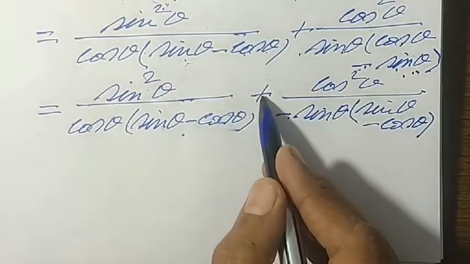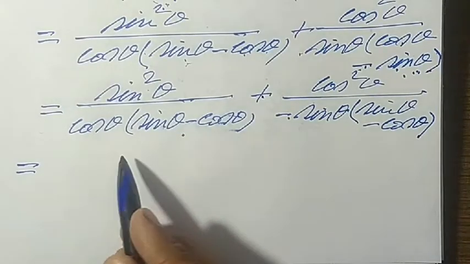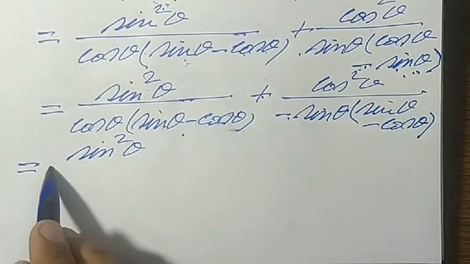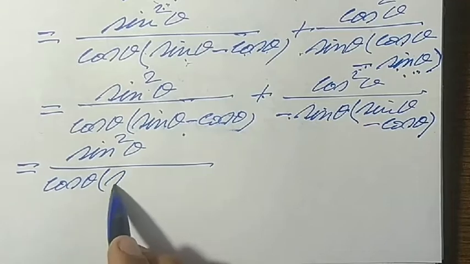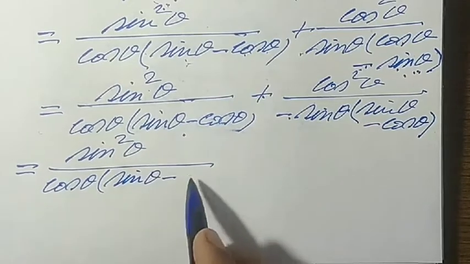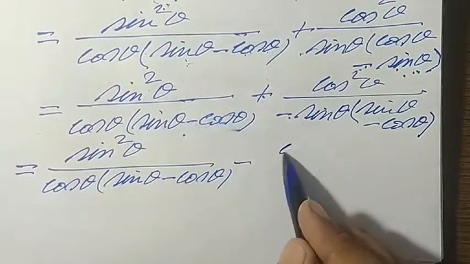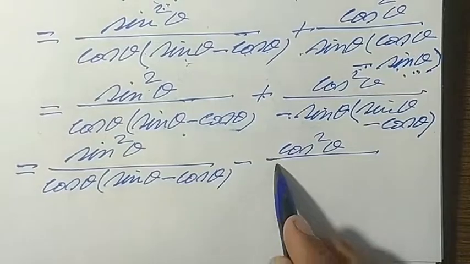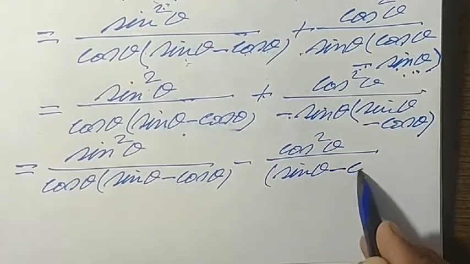Now this minus will multiply this plus, and minus into plus is minus, as you know well. So this expression turns out to be sine square theta upon cos theta, sine theta minus cos theta, minus cos square theta upon sine theta, sine theta minus cos theta.